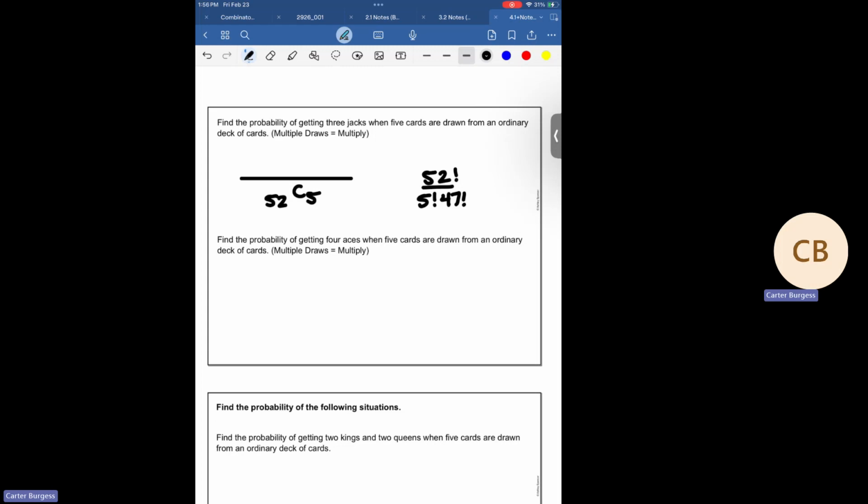Okay, and now we're going to treat this exactly like what we saw before. So we need to know the number of ways that we can get 3 jacks, the number of different ways that that can show up. How many options do I have for jacks?